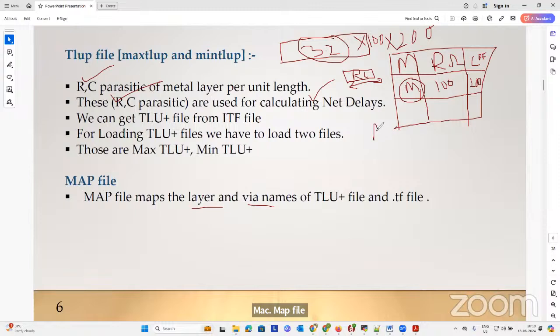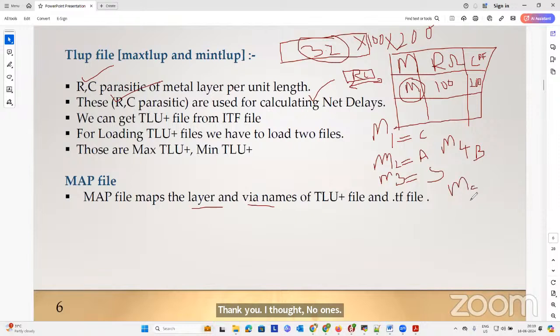Layer information means metal one is made up of copper, metal two is made up of aluminum, metal three is made up of silver, metal four is made up of bronze, metal five is made up of some other metal like brass, and metal six is made up of gold. Like that, this layer information will be there.